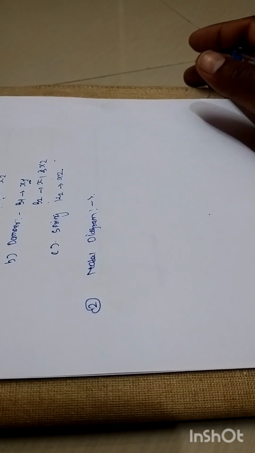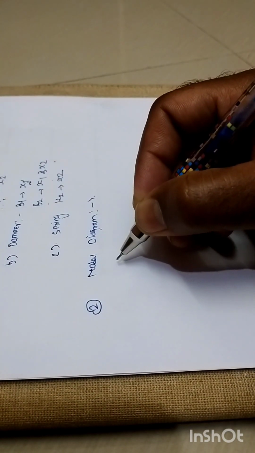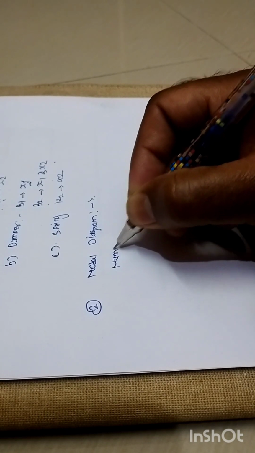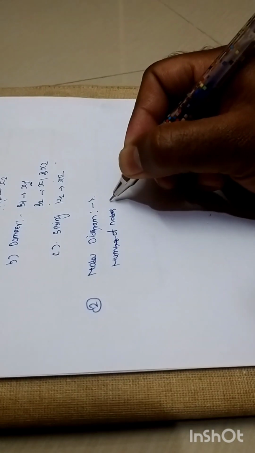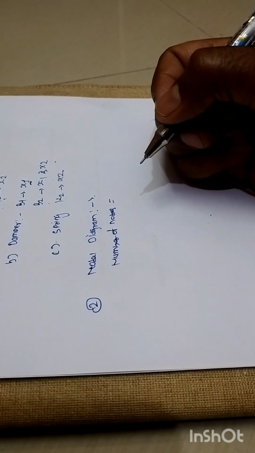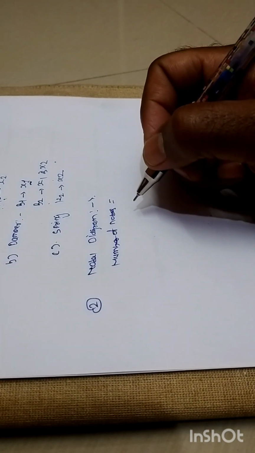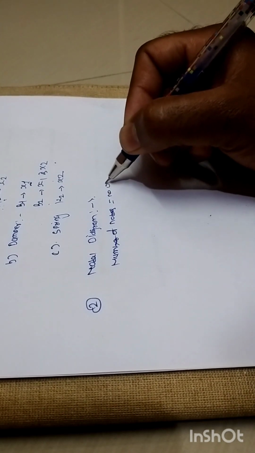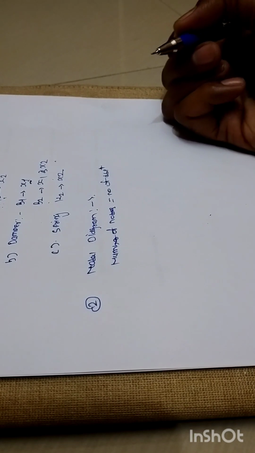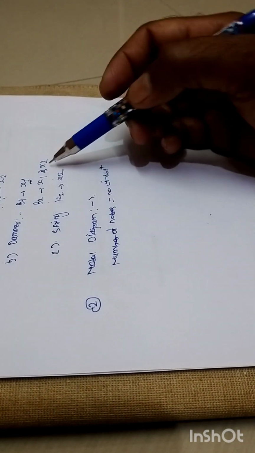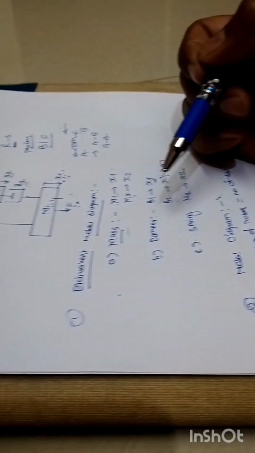In the nodal diagram, first of all we need to define the number of nodes, right? Without this we cannot complete the nodal diagram. The number of nodes always equals the number of displacements. How many displacements do we have in this graphical representation?